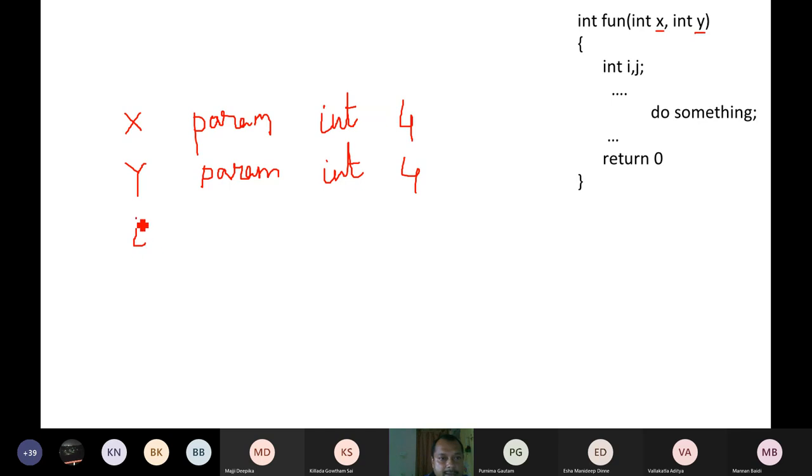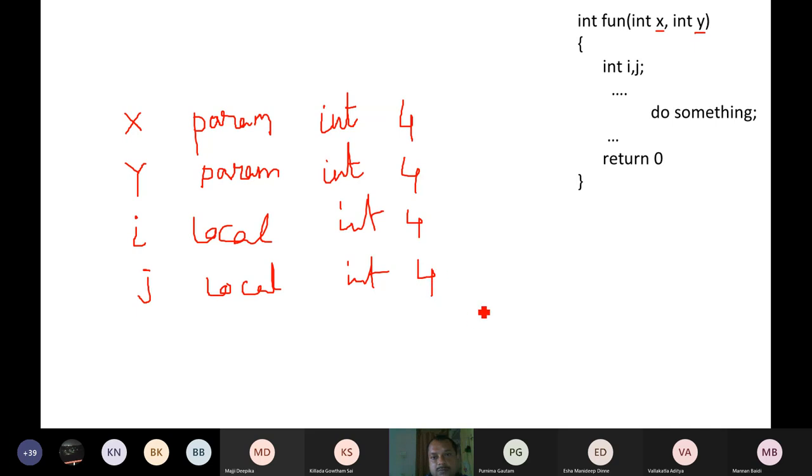Now for i, this is a local variable, so I am writing local, integer, 4. j, local, integer, 4. Now only one thing is missing, that indicates what the memory location for this variable is.